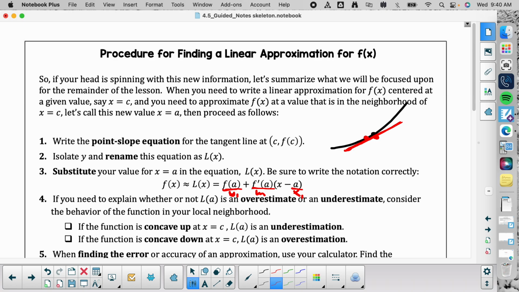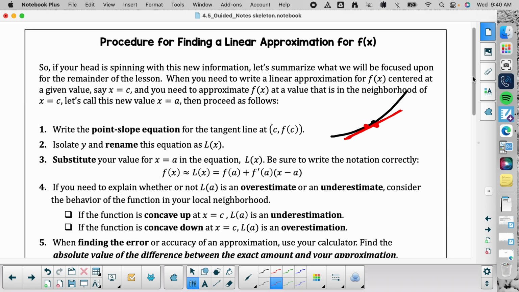So this is just point slope form of a tangent line solved for y. I realize that's not even legible. So they traditionally will give it a capital L, and when they write the capital L, that means that they want you to find the linear approximation at that spot.